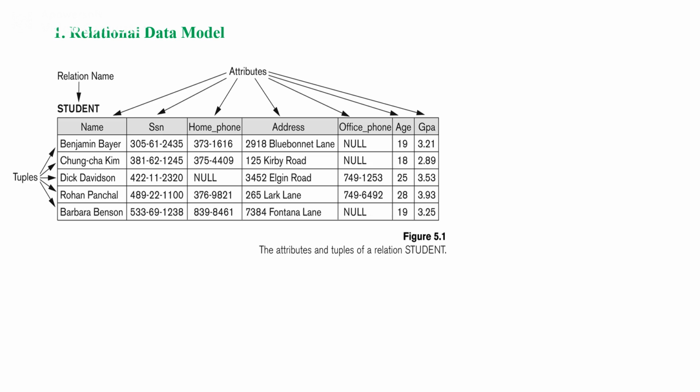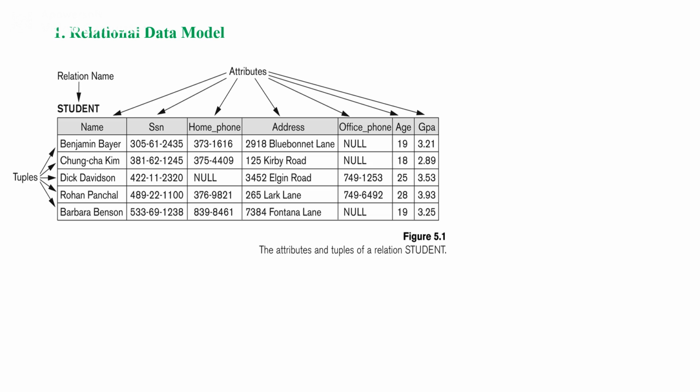This is the student relation, which includes name, SSN, home phone number, address, office phone number, age, as well as GPA. This table gives the attributes, which we call column headers.